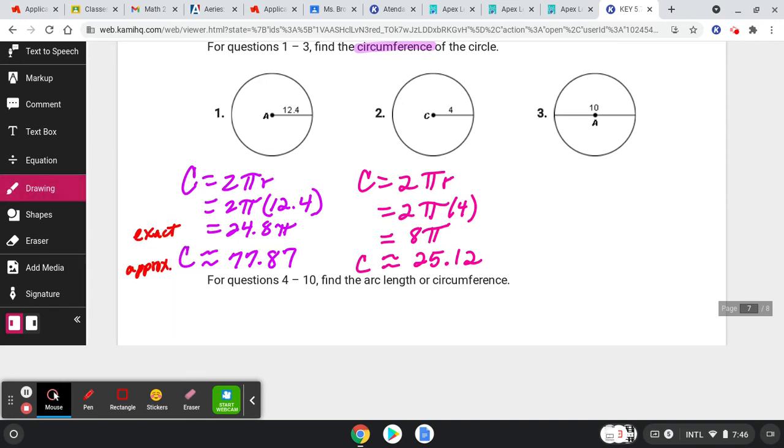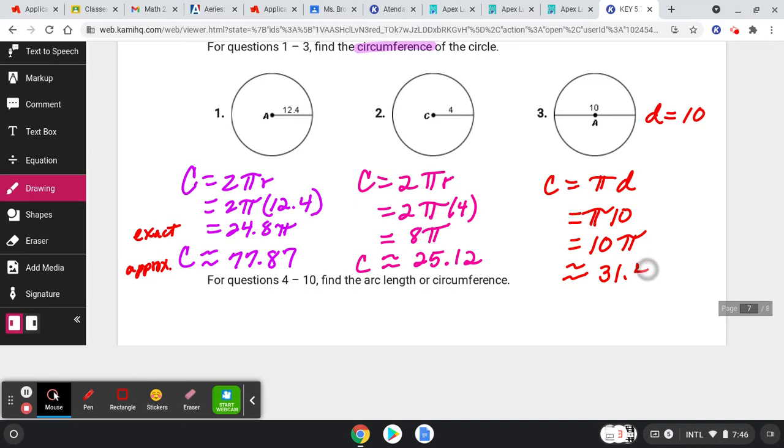Okay, now this time, notice they gave us a diameter. So we're going to go pi times diameter instead of 2 radiuses for this one. In terms of pi, our exact answer is just 10 pi. And then once you type in the 3.14, that's going to give us approximately, actually this one we don't even need to round.